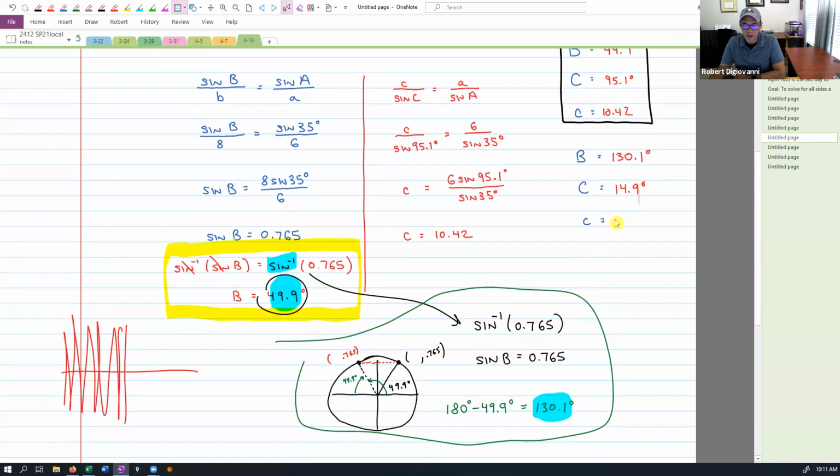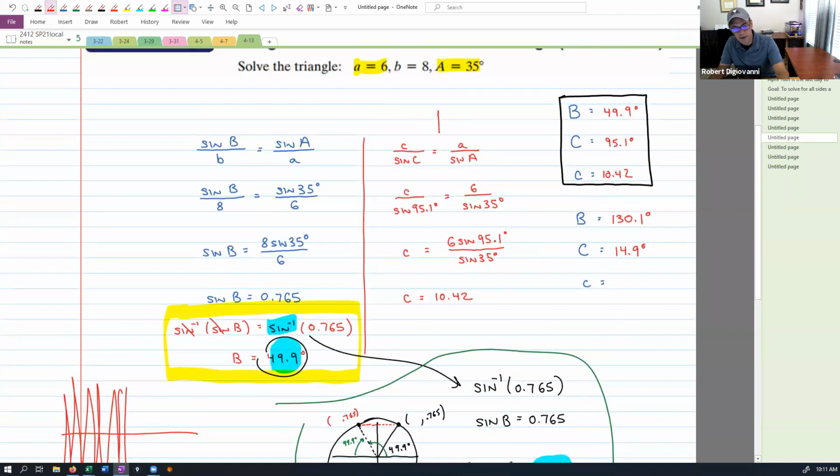And then once I know that, I can go through this work again right here, but I'll be replacing this 95.1 with 14.9. So I'm going to just squeeze that in right here. C over sine of 14.9 degrees equals 6 over sine of 35 degrees. And I'm not even going to show the work for that. I'm just going to do it on my calculator. So you'd have to clear the fractions and stuff.